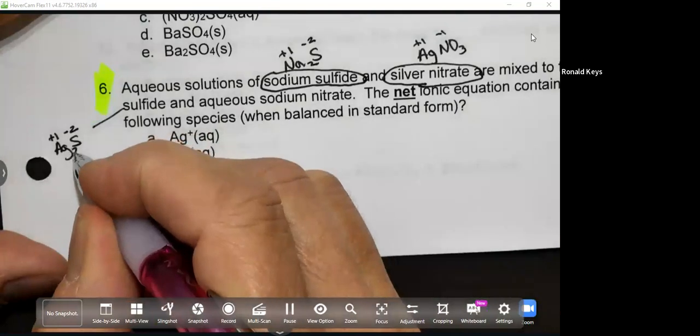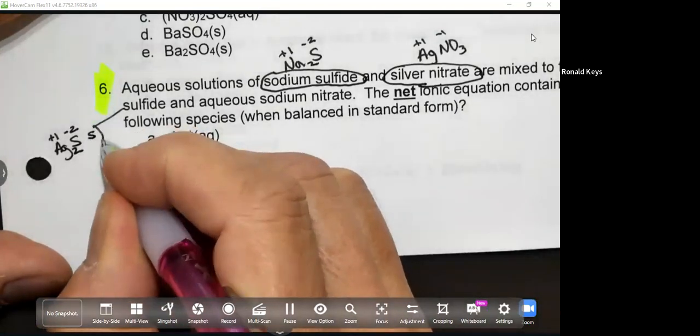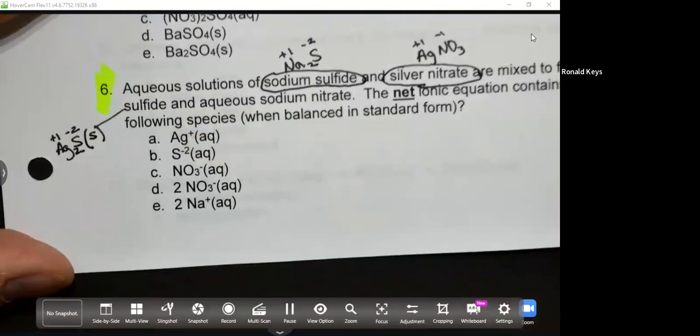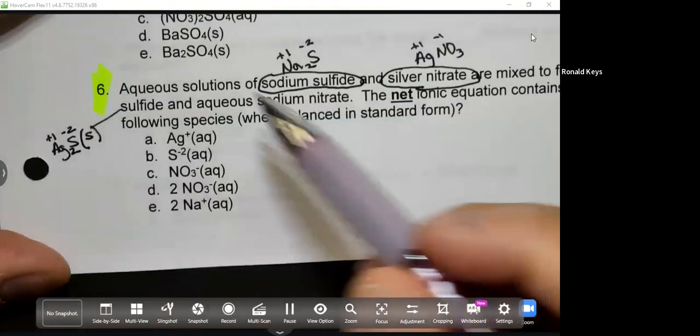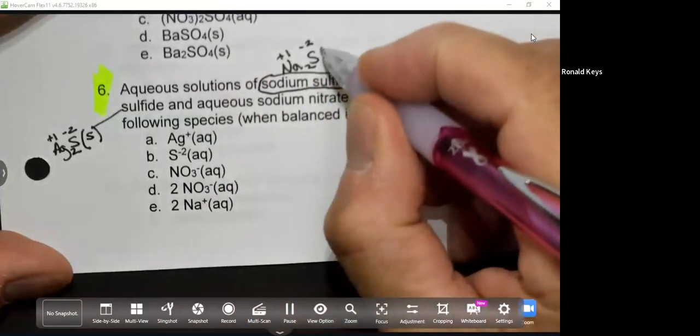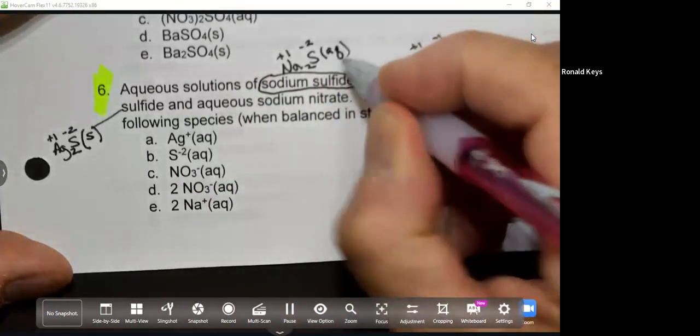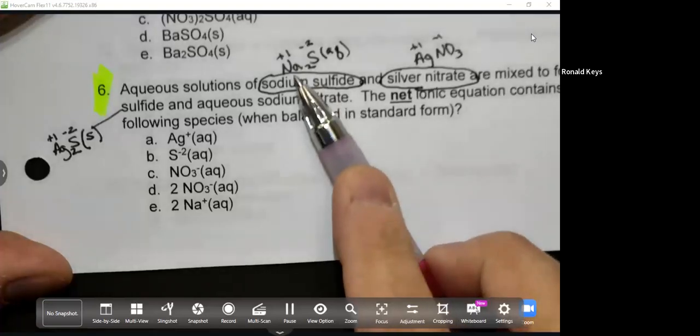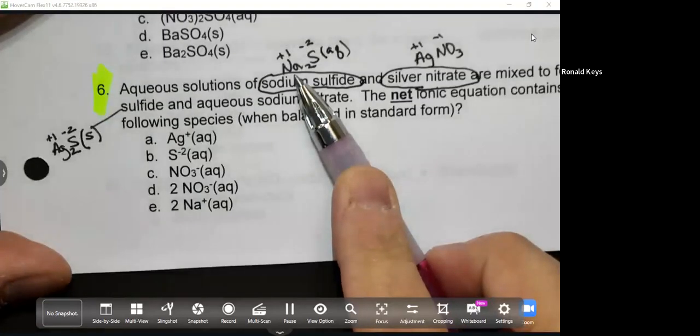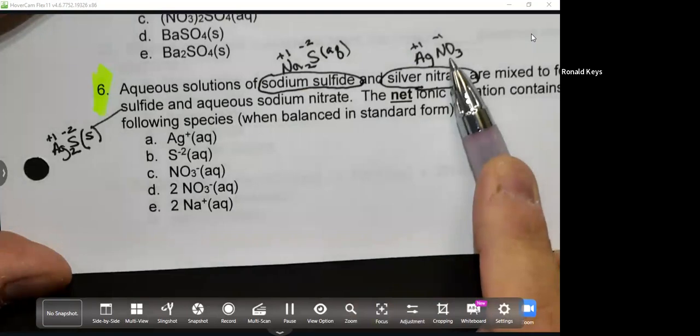So Ag2S, so we know we're going to make that a solid. So silver sulfide, let's make these aqueous. It says they're aqueous. We can put that down. We know sodiums are going to dissolve, are going to be aqueous. We know nitrates are going to be aqueous.